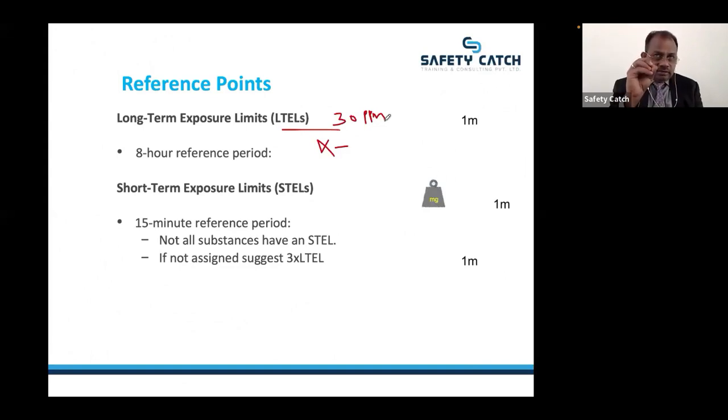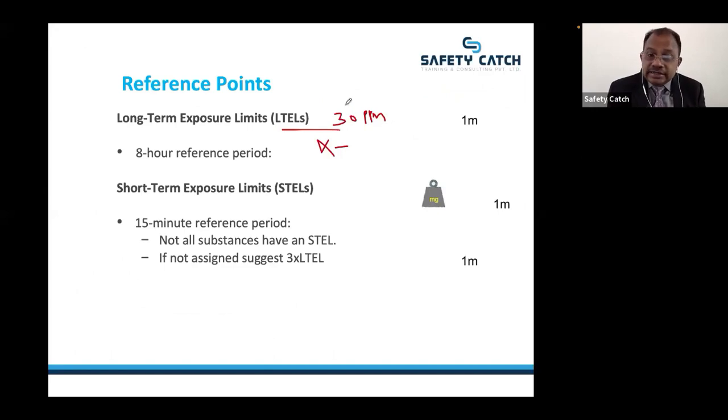It will take 1 million molecules of air, whatever it sucked, atmospheric air, and it will analyze. So when it says 30 ppm, out of the 1 million air molecules, 30 molecules were carbon monoxide. That is called parts per million. Anyway, that is a simple way to understand.